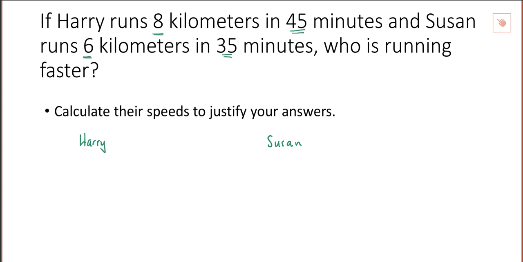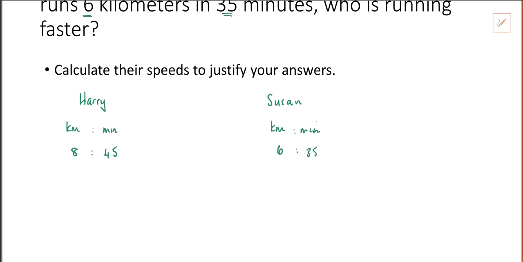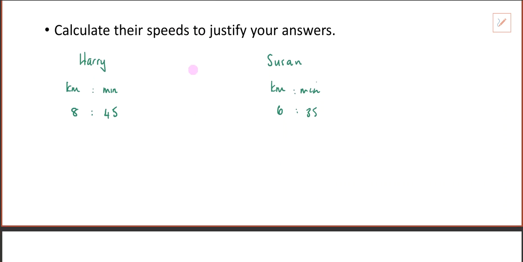There are lots of ways that we could do it, but I'm going to say Harry in kilometers and minutes did 8 and 45, but Susan kilometers and minutes did 6 and 35. Now, there are different ways to do this. You can calculate their speeds.